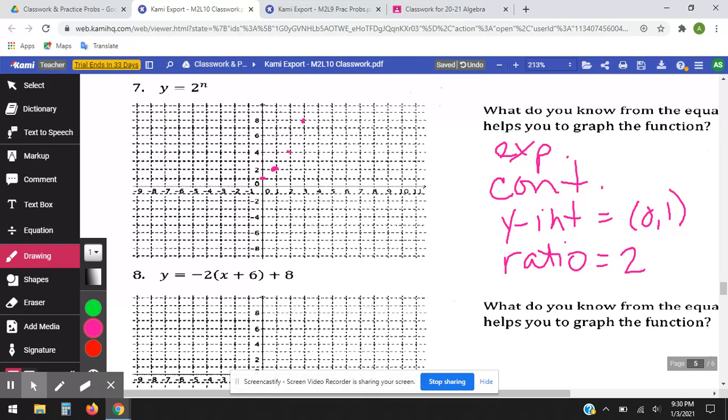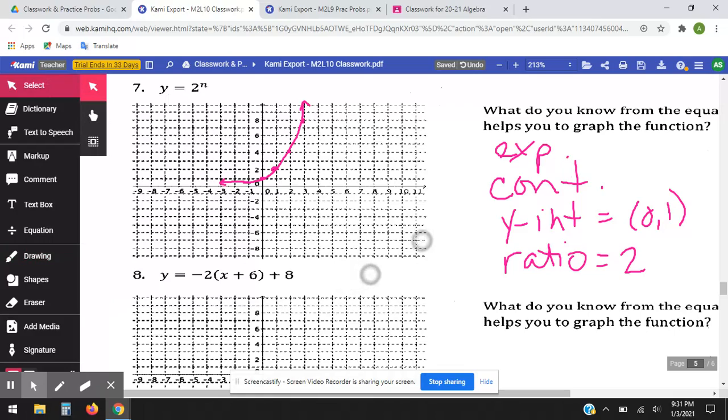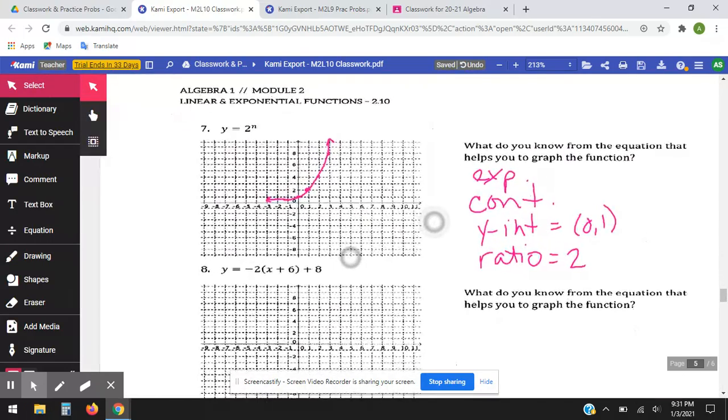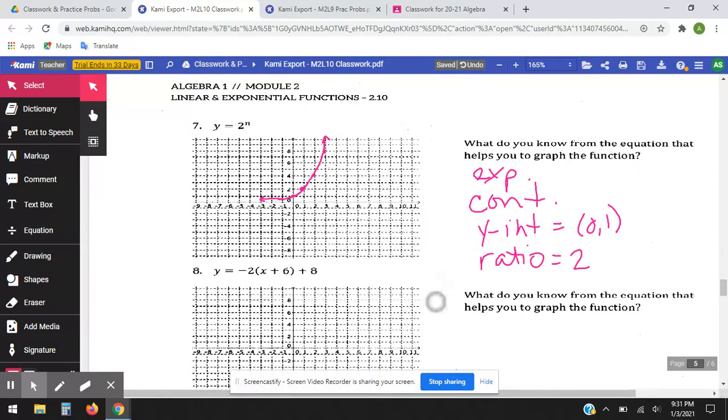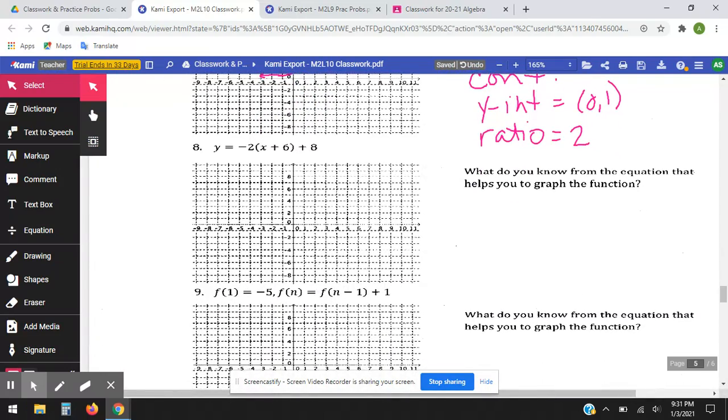If I go 2 to the negative 1, it would be half. There we go. I have my exponential function right there. Let me zoom this back in a little. There. All right. Next one.